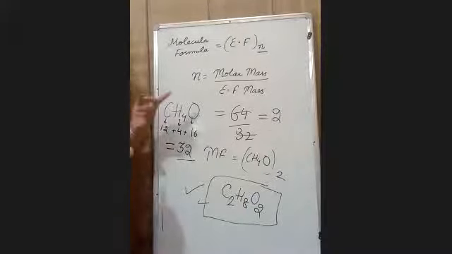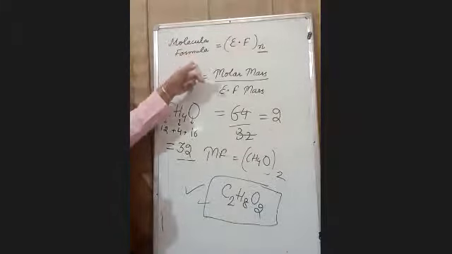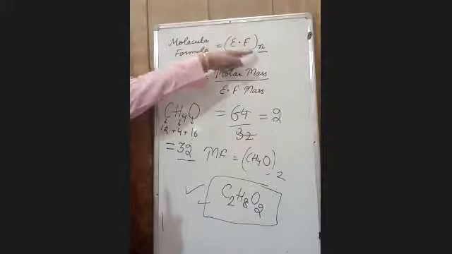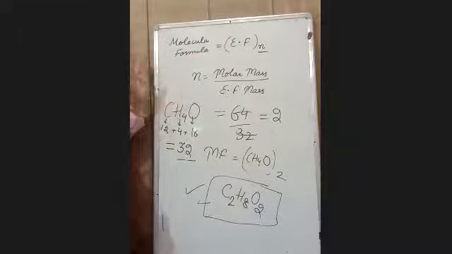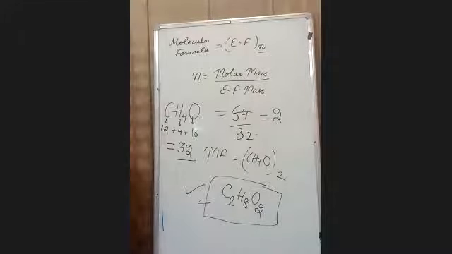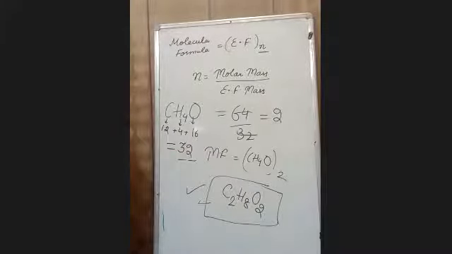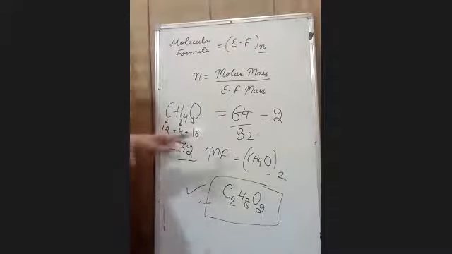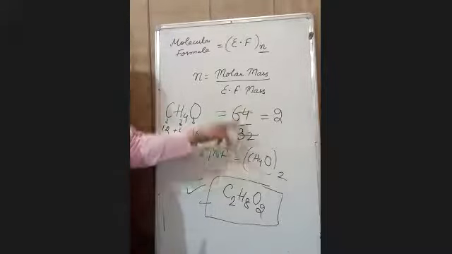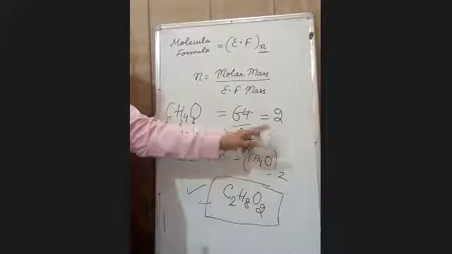I will repeat again. Molecular formula is empirical formula times N factor. What is N? N is molar mass over empirical formula mass. In this particular question, molar mass is given to you, that is 64 gram, and empirical formula mass is 32 gram. So solve this. It will come out to be 2. Put it here.